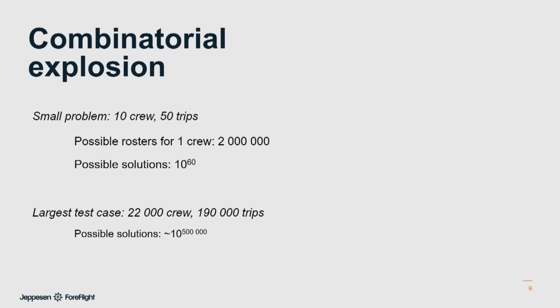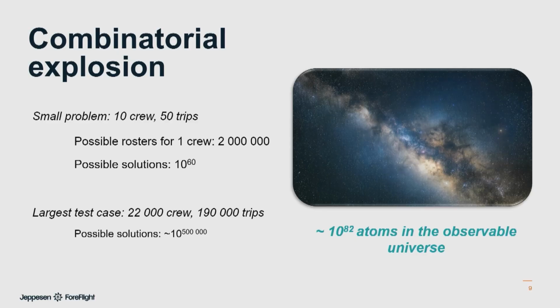So if we were to brute force this, trying every single combination, we would have to go through around 10 to the power of 500,000 different solutions, which is a crazy number, hard to comprehend. But if we try to put it into some sort of perspective, the number of atoms in the observable universe is estimated to be roughly 10 to the power of 82. So yeah, obviously this needs to be tackled in a much more structured and smarter way.